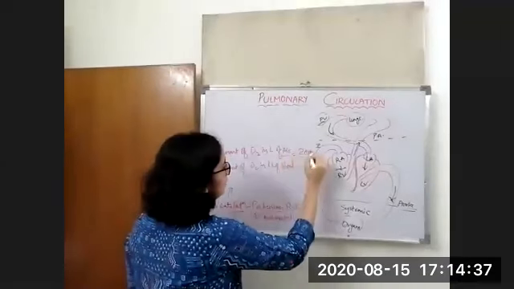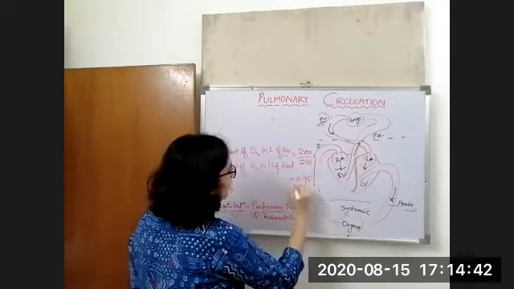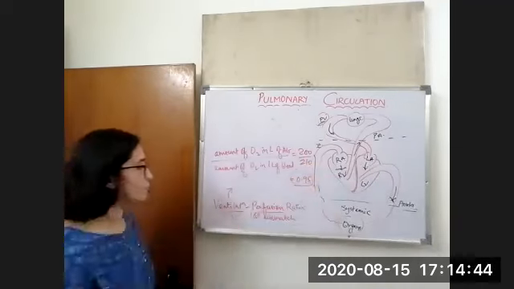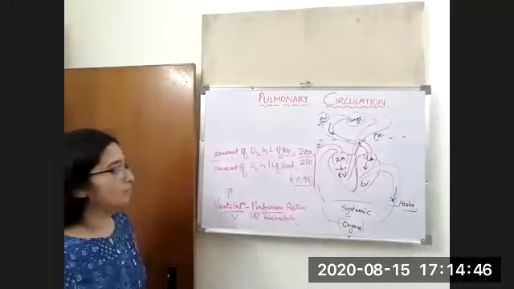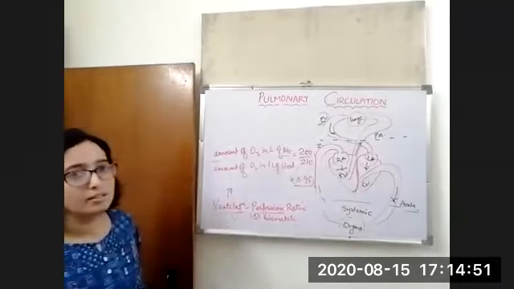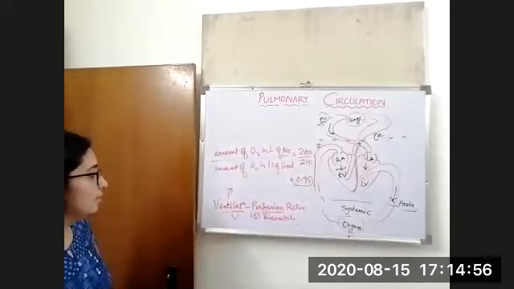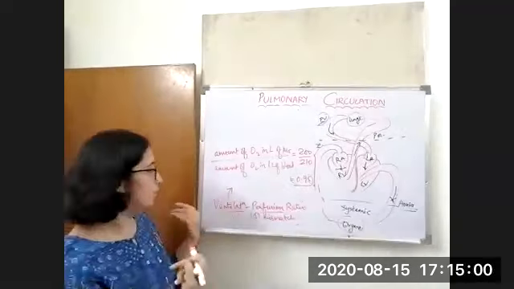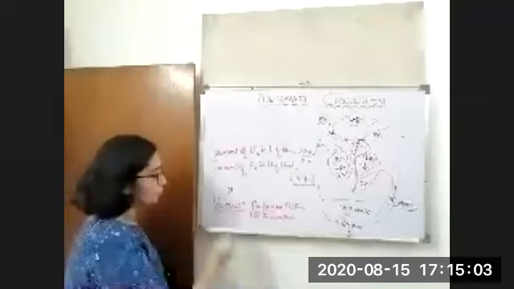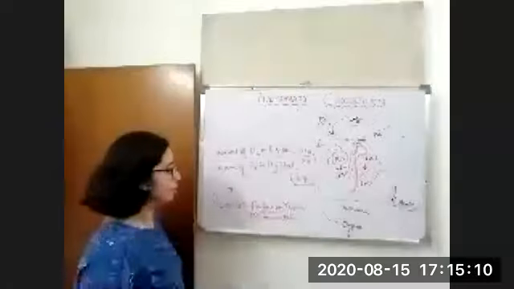So it is nearly 200 by 210, that is 0.95. So this is the normal ventilation perfusion ratio or fraction. When there's any abnormality in this ratio, then there is your pulmonary shunt. So we can define it as the amount of oxygen which is needed to oxygenate 1 liter of blood.